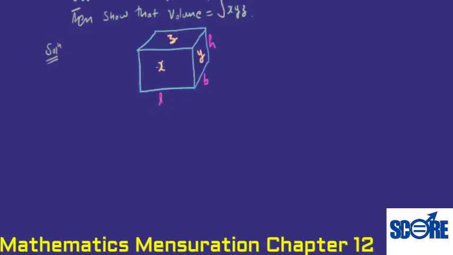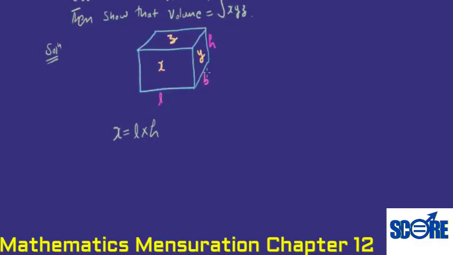So here x is the area of this face. This face is nothing but a rectangle having length L and height H. So its area is x. We can say x is equal to L into H. In the same way, this face having an area y square units is in the shape of a rectangle having breadth b and height h.